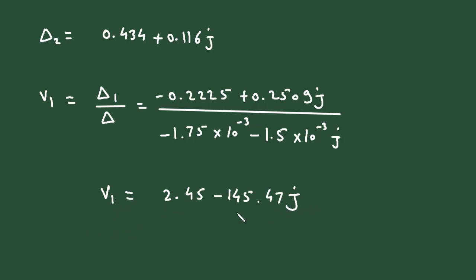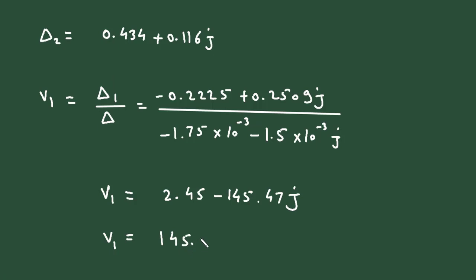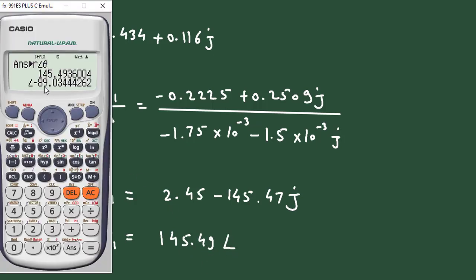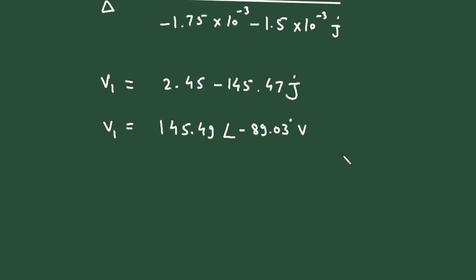Now this value is in rectangular form. In polar form, using shift 2 3, it is equal to 145.49 at an angle minus 89.03 degree volt. This is the value of V1.